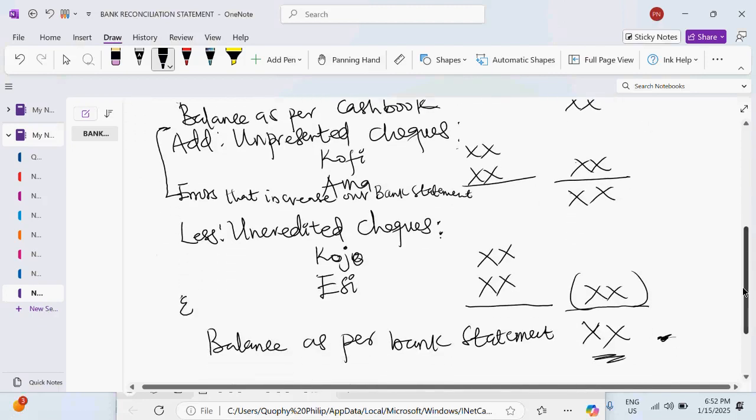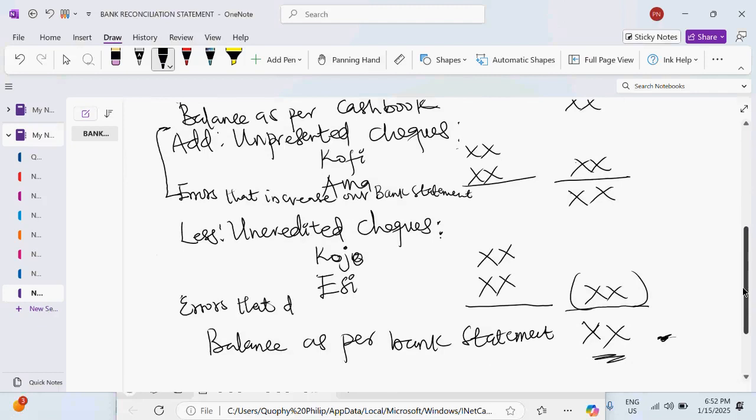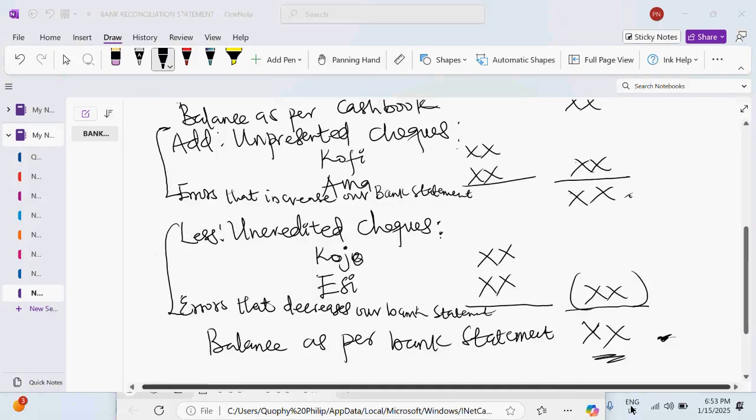And then I will also say errors that decrease our bank statement would also be added to the uncredited checks and then deducted from the total, right?